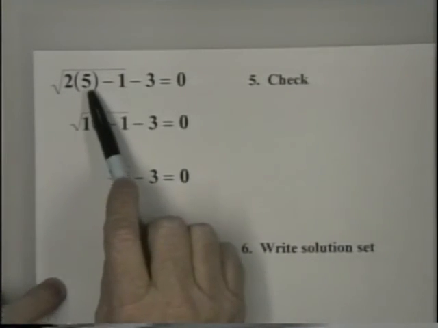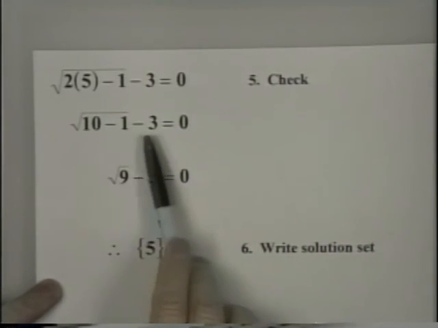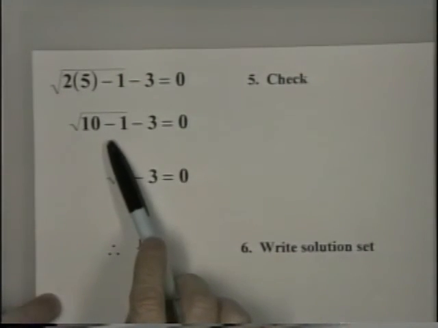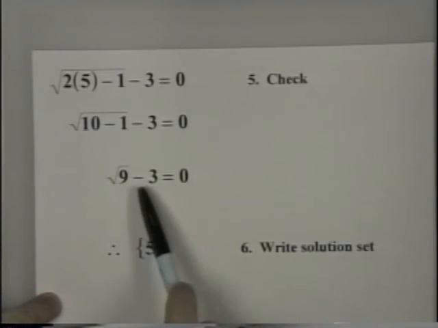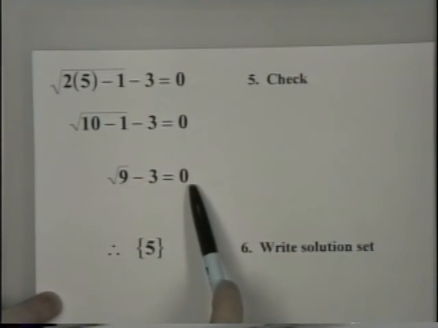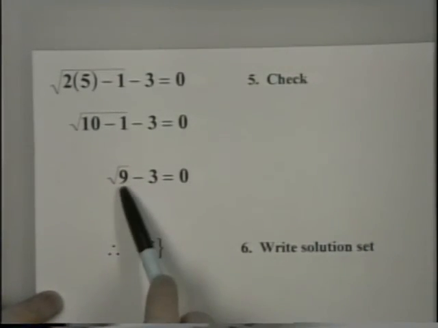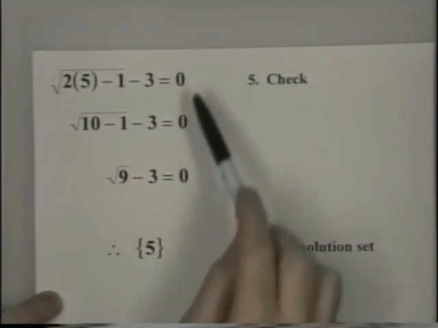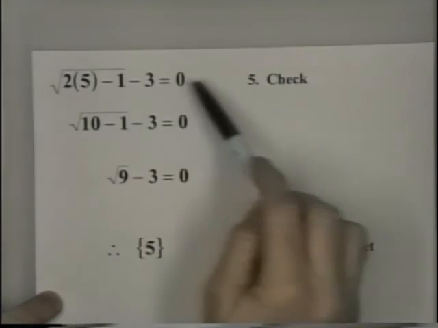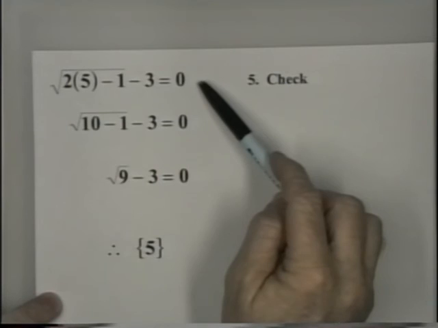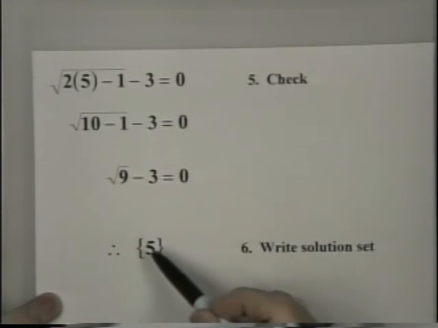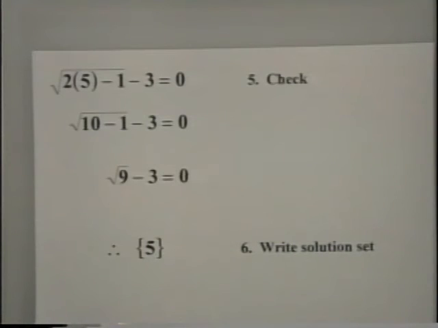So I've just replaced x with 5, and I go through and simplify until I see it's obviously a true statement. Well, that's obviously true, so these must be true, and so this must be true. And so therefore 5 is a solution, and I can write my solution set, which is my last step.